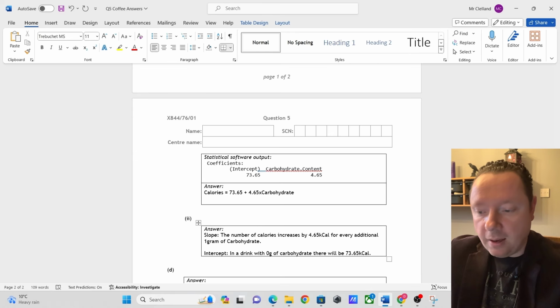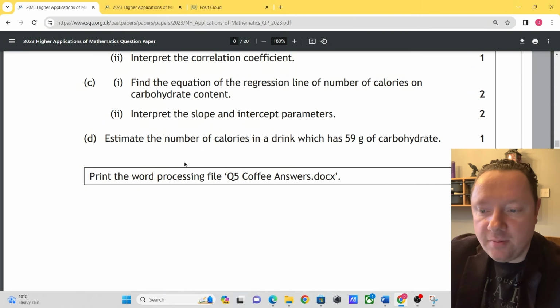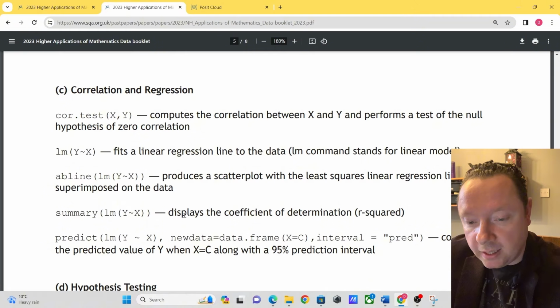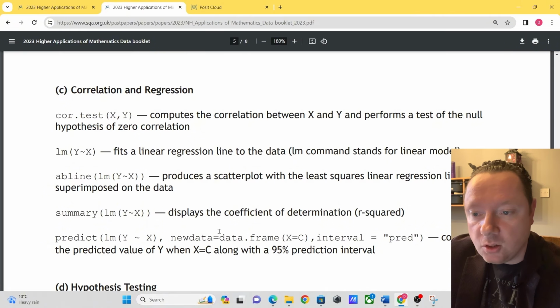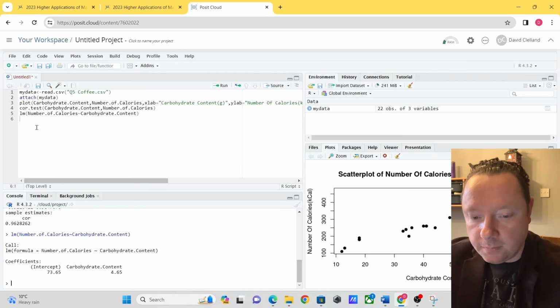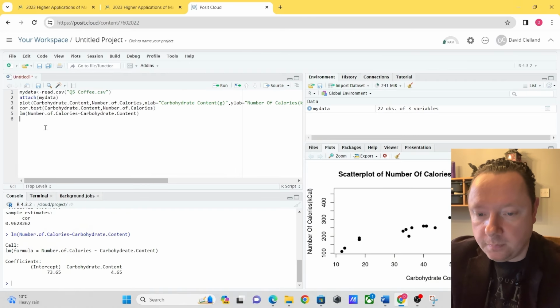And that's all you need for that. Part D, estimate the number of calories in a drink with 59 grams of carbohydrate. So let's look at our data booklet. So we're going to use the predict command to fit that in. So let's go to RStudio again. We're going to use predict. Put that up here. Predict.